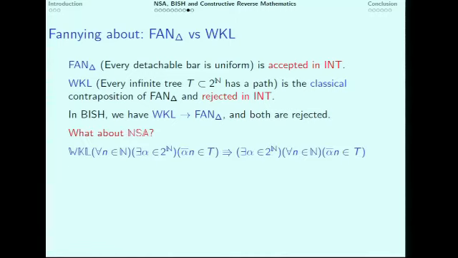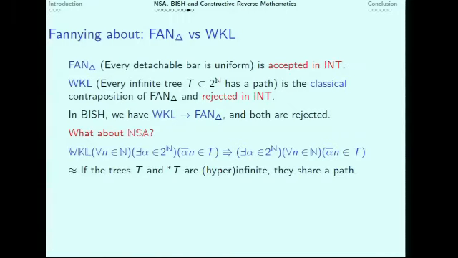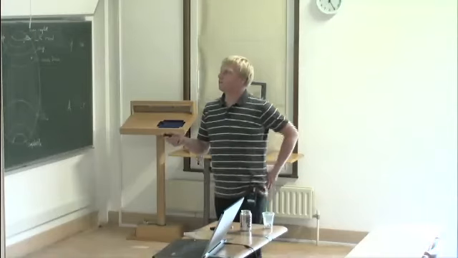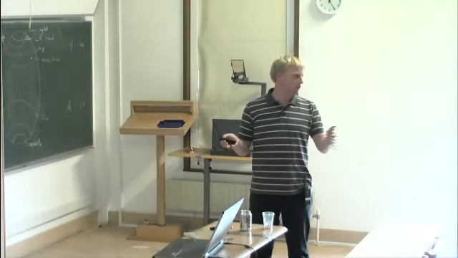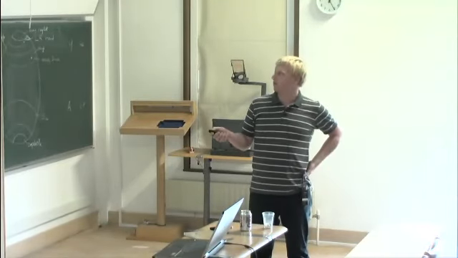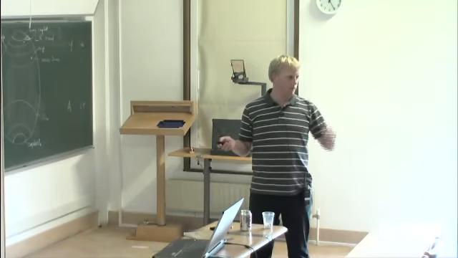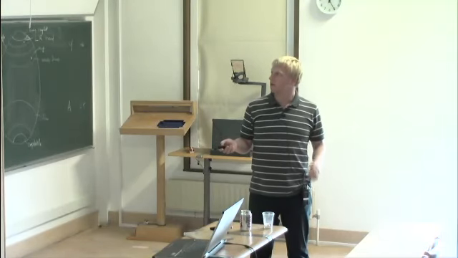Now, in NSA, WKL has this form: a tree is infinite, hyperimplication, then it has a path. But what does this mean? T is a tree. If T is infinite and its non-standard extension, star T, is hyperinfinite, then they share a path.